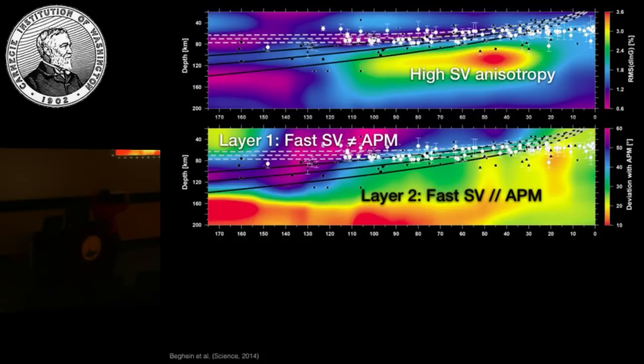And then we looked at how the phase direction aligned with the plate motion. This is a similar cross-section average over the whole plate, but purple and blue are basically where the fast seismic direction does not align with the plate motion. It could be anywhere, but not aligned. And then red and yellow are places where it does align pretty nicely. So we clearly have a top layer where we have no good alignment with the plate motion, and a bottom layer where we align with the plate motion.